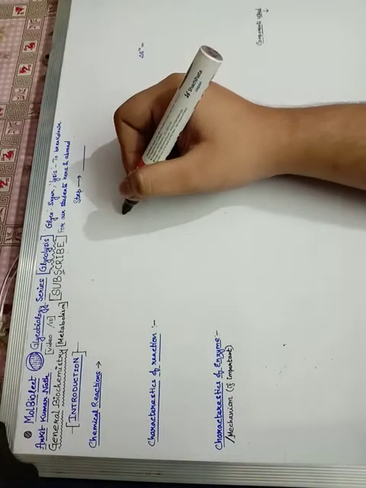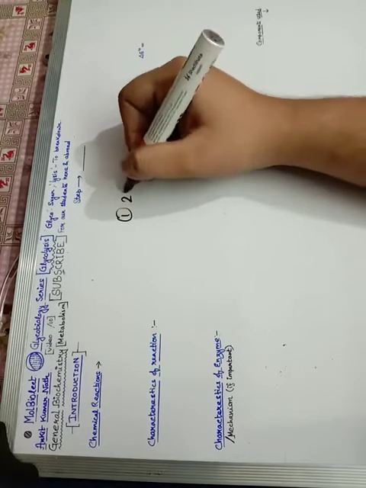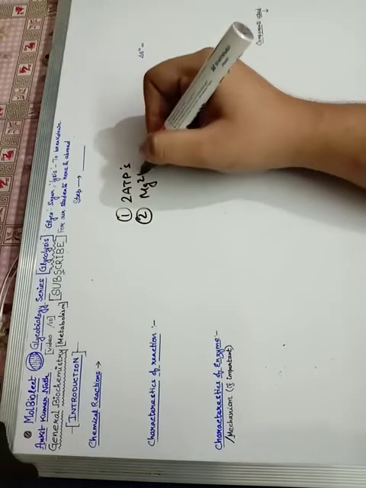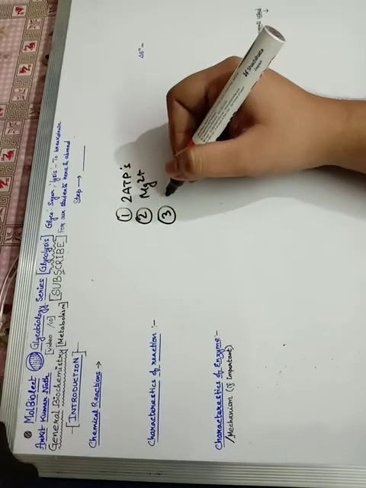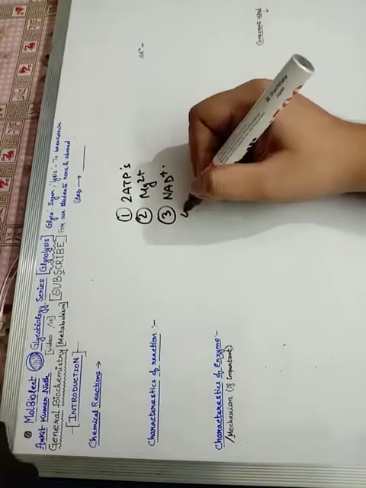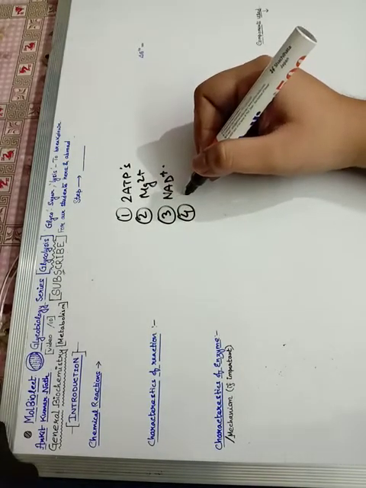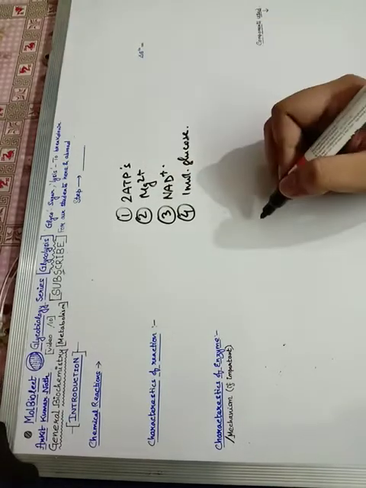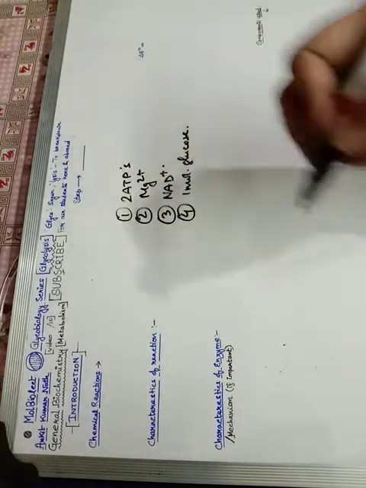So first we already utilized 2 ATPs. Number 2, a whole lot of magnesium ion. Number 3, we also utilized an NAD plus. And number 4, we also utilized 1 molecule of glucose. So these are the things we utilized.